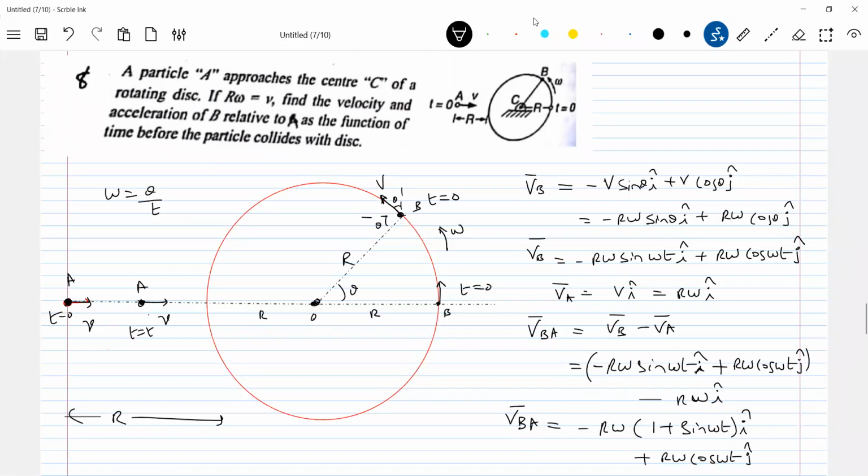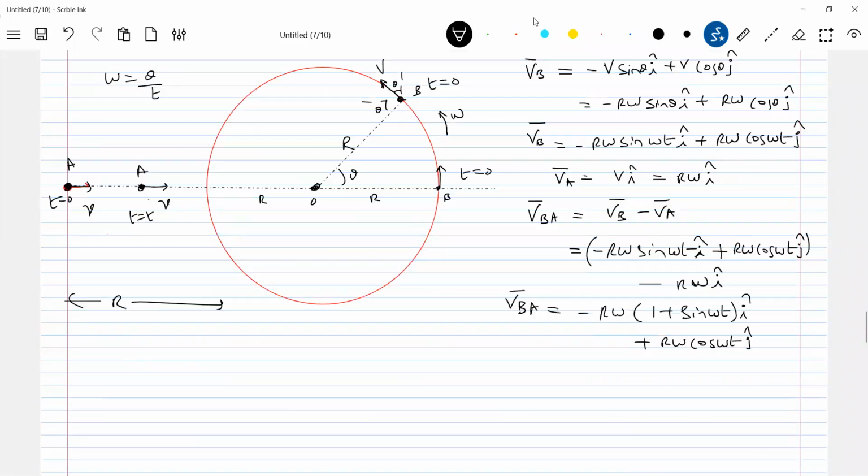No need of any big mathematics. So acceleration of A is 0. Acceleration of B is just equal to omega square R. What about the magnitude? AB bar should be equal to that, and how will that acceleration be directed? It will be directed like this, no?